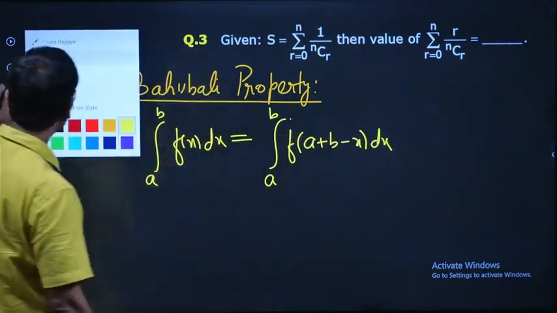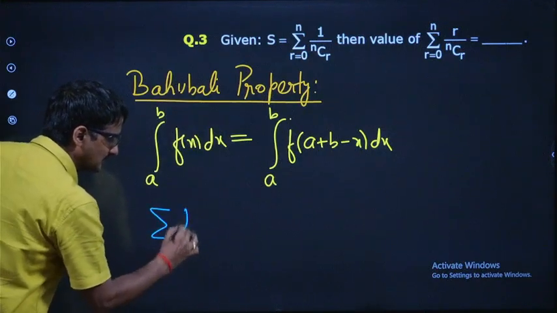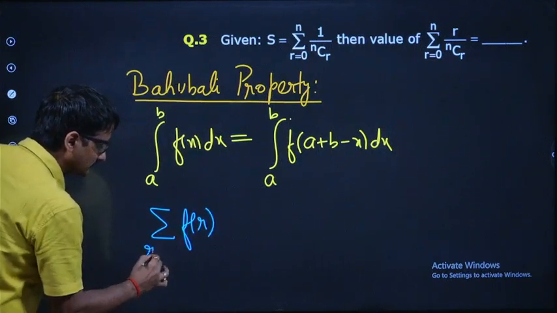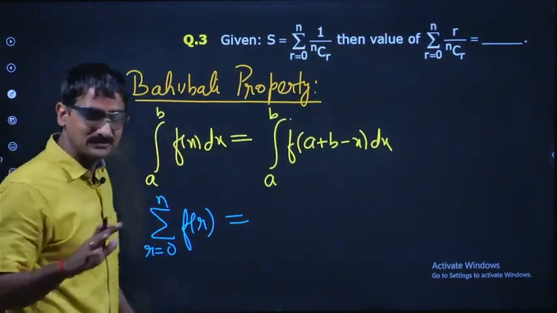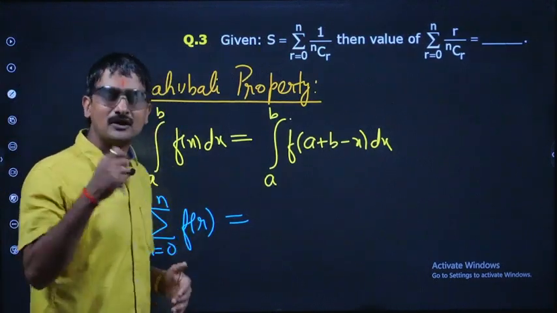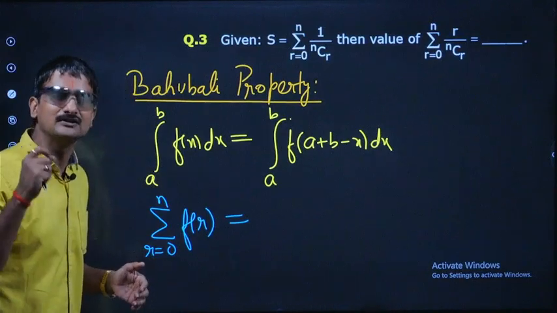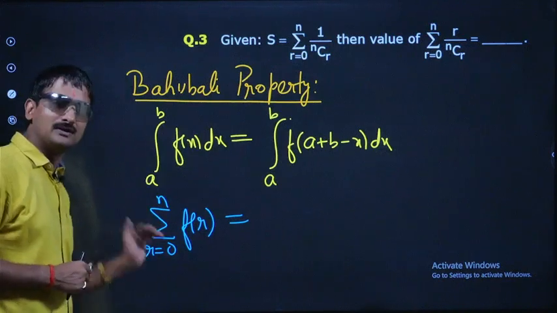Okay, now if we discuss it with respect to this property, it says that summation f of r goes from 0 to n. Okay, so now the property is very simple. The initial value or the starting limit of r is 0 and the last value of r is n. So the upper limit is n, lower limit is 0.